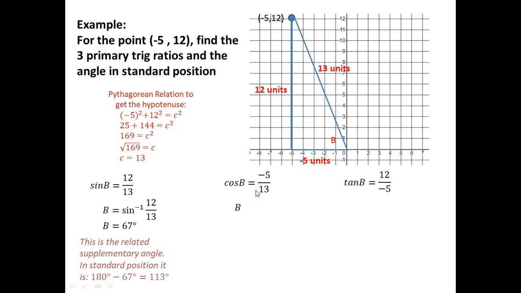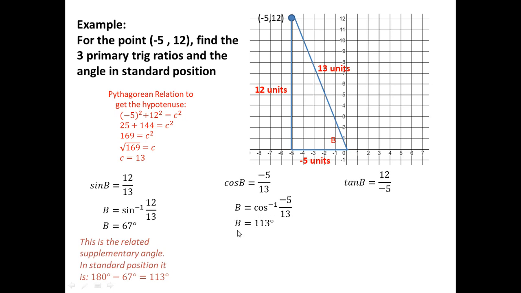Our next one, we have cosine B. Now, when I undo it, it's actually going to give me 113 degrees. The calculator is kind of funny. The calculator has given us the standard position. It's because the calculator doesn't know whether we are referring to this angle or this angle.